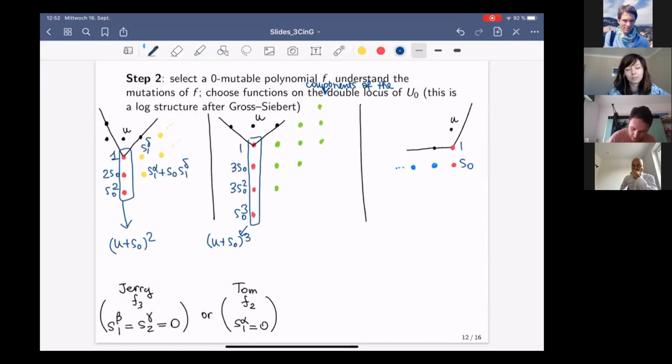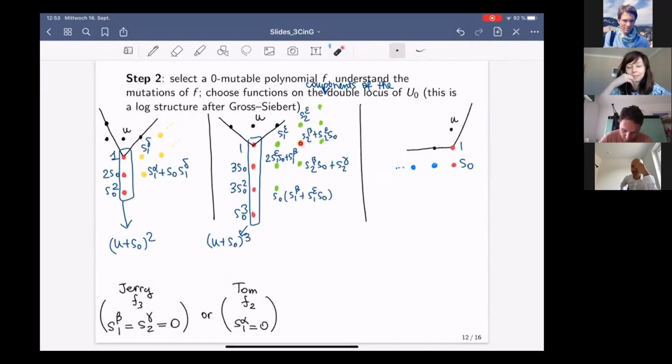Okay, and now here I write S1 epsilon, 2 S1 epsilon S0 plus S1 beta, and then S0 S1 beta plus S1 epsilon S0, and here S2 beta S0 plus S2 gamma, S2 beta plus S2 epsilon S0, and then S2 epsilon. So these are the coefficients of some of these dots. And then here, when I don't write any coefficients, it means that it's completely free and completely arbitrary. And also here is completely arbitrary.